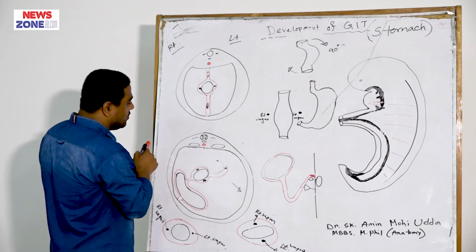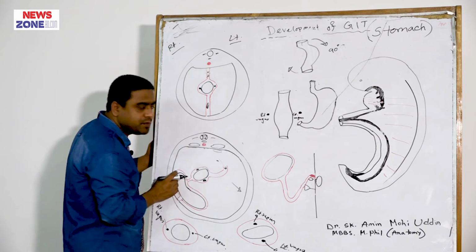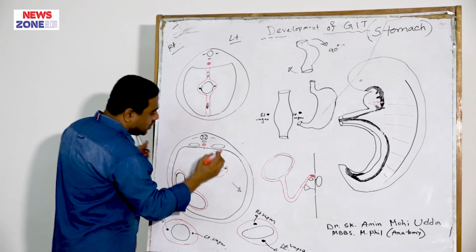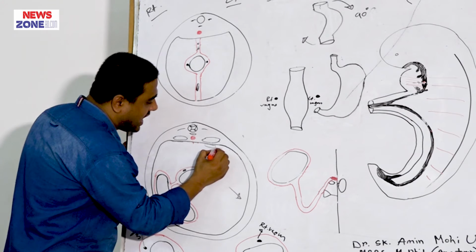This pancreatic bud now reaches its adult position, and it lies in the retroperitoneal position. The dorsal mesogastrium has a posterior leaf and an anterior leaf.